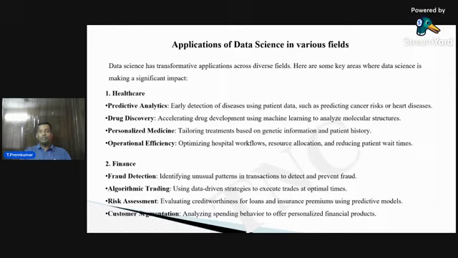In drug discovery, it accelerates drug development by using machine learning to analyze molecular structures. In personalized medicine, it tailors treatments based on genetic information and the patient's history. Operational efficiency means optimizing hospital workflow, resource allocation, and reducing patients' waiting time.